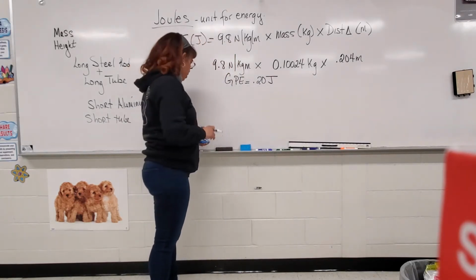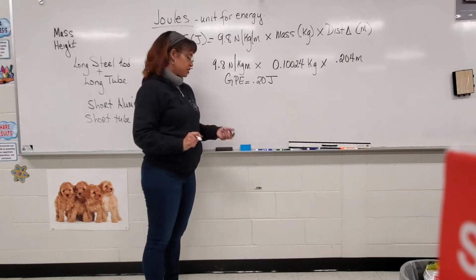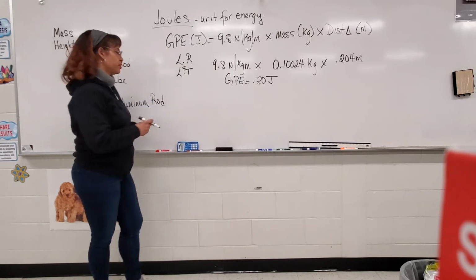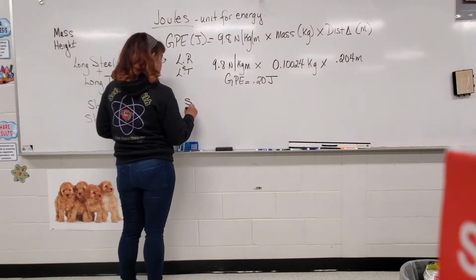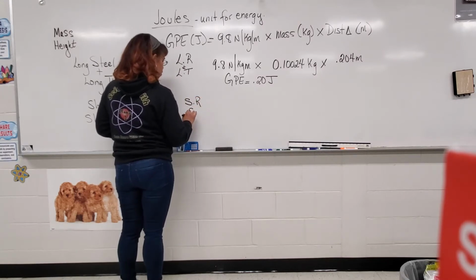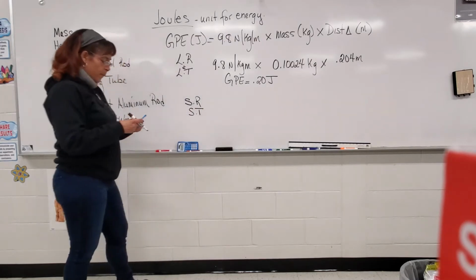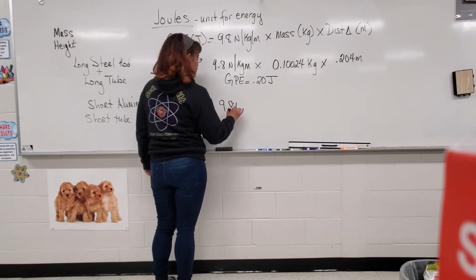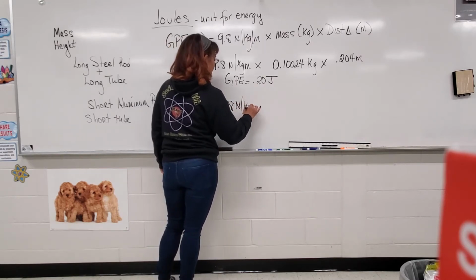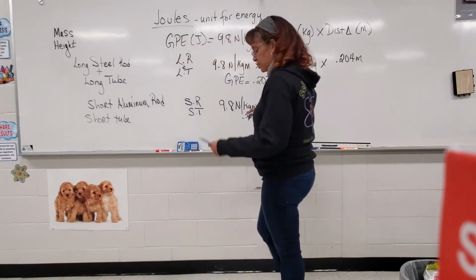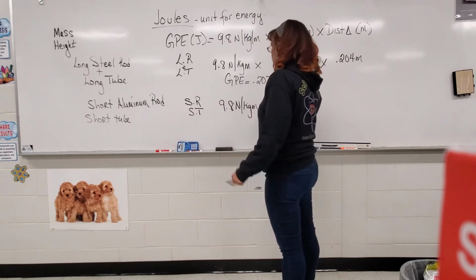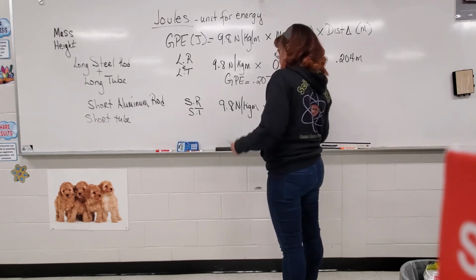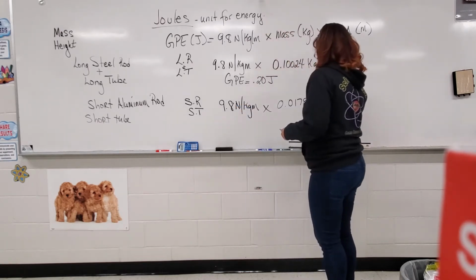Now, looking at the other extreme, the short aluminum rod with the short tube. GPE was 9.8 newtons per kilogram, times the mass, which for the short aluminum rod was 17.89 grams, converted to 0.01789 kilograms, times the distance fallen.